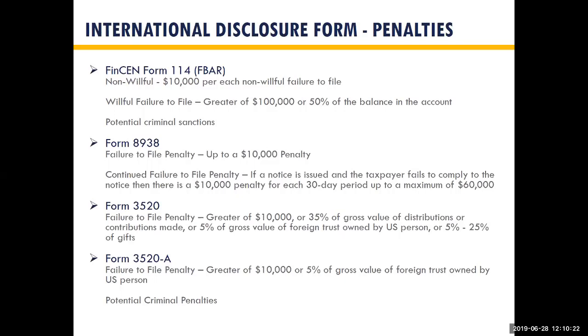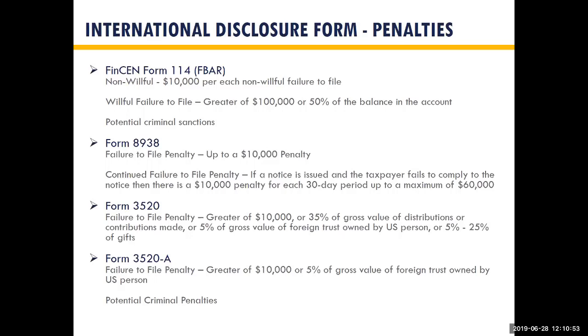As you can see, for the FBAR, if you're non-willful, it's a $10,000 penalty per each non-willful failure to file. If you're willful in your failure to file, the penalty could increase to the greater of $100,000 or 50% of the account balance. And then there are obviously criminal penalties and sanctions which could be applied to these.